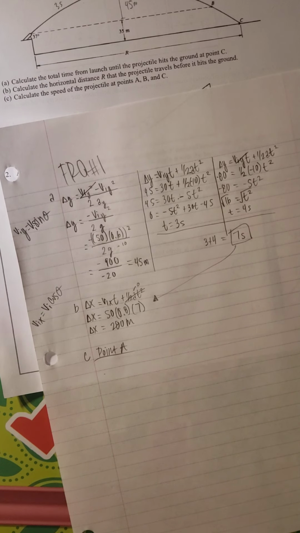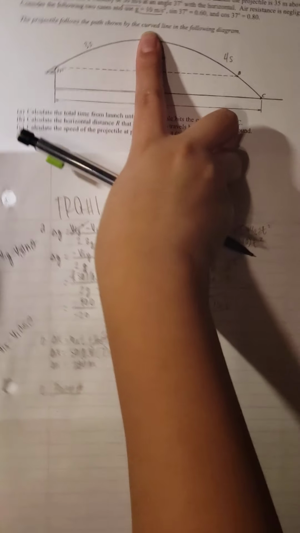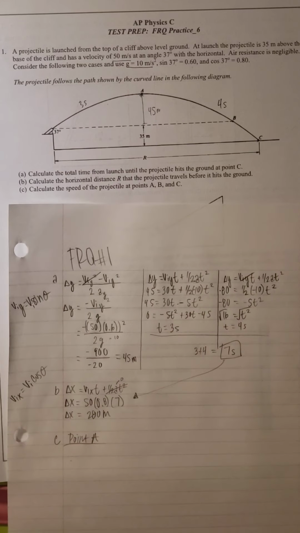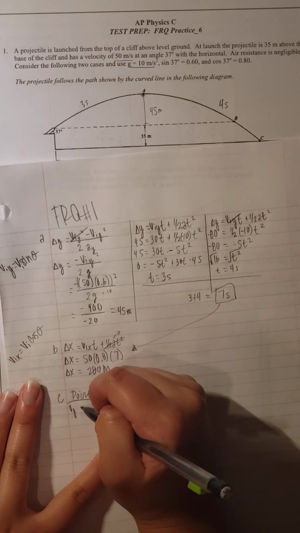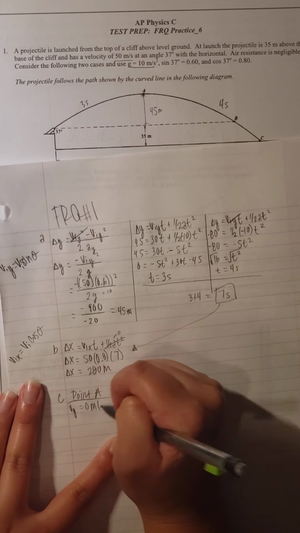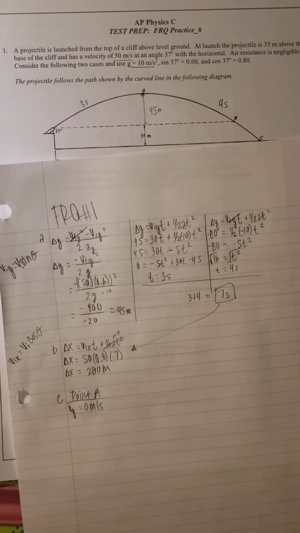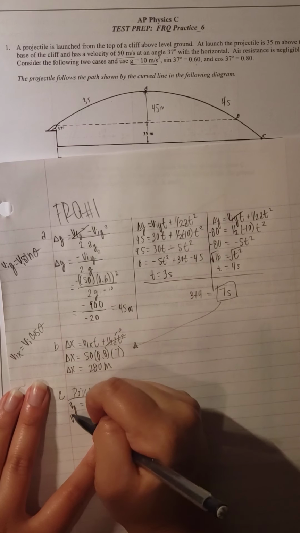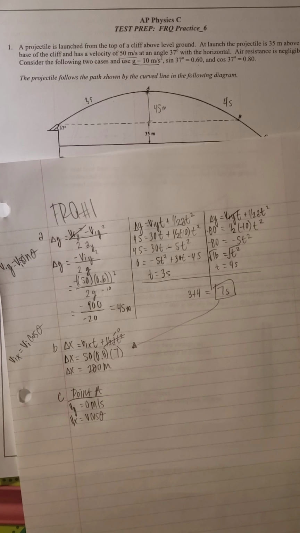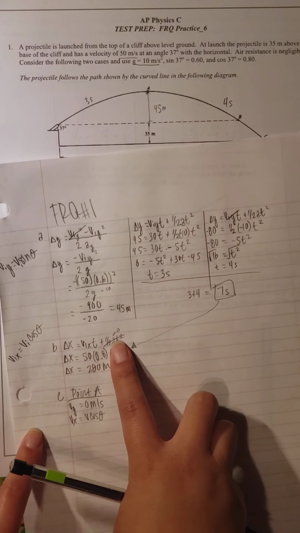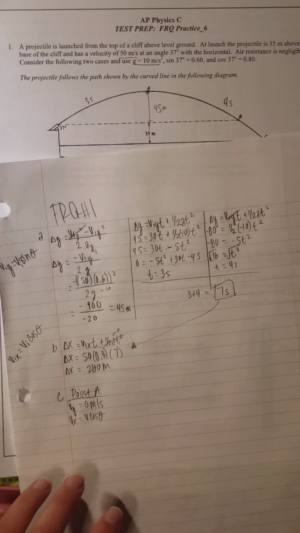Okay, so point A, we're at the tippy top. Let's start off that we know Vy is going to equal 0, because at the top it is only Vx, and we know that Vx is equal to V cosine theta. In the x direction, again, there is no acceleration, so we don't need to calculate a new Vx.